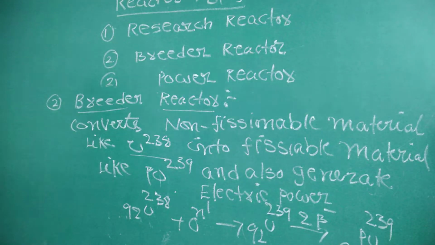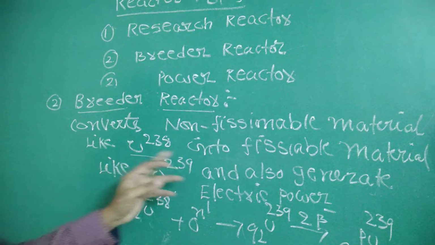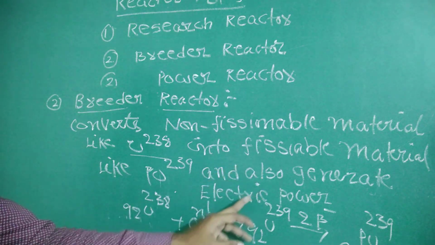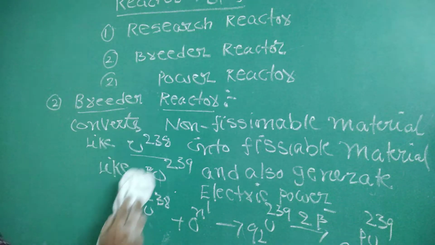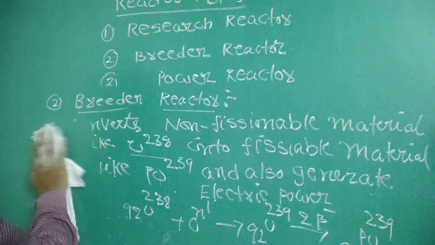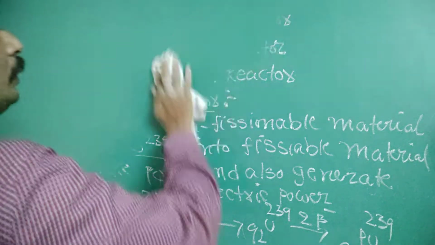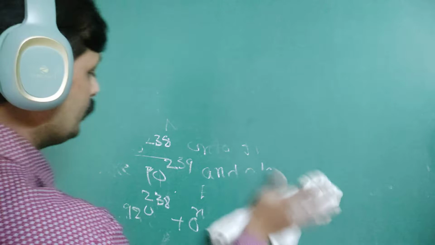By following this sequence, it converts non-fissile material into fissile material and also produces electric power. That is the functioning of the breeder reactor. Then I go to the last reactor now, that is called the power reactor.